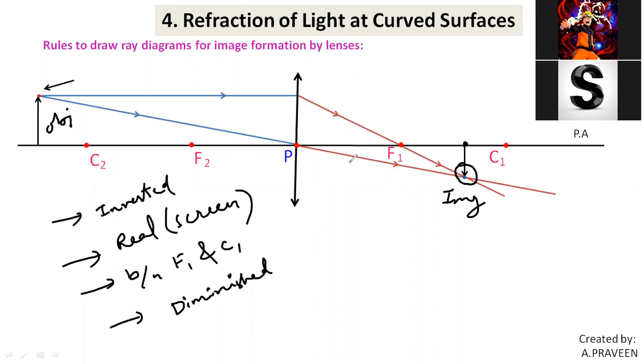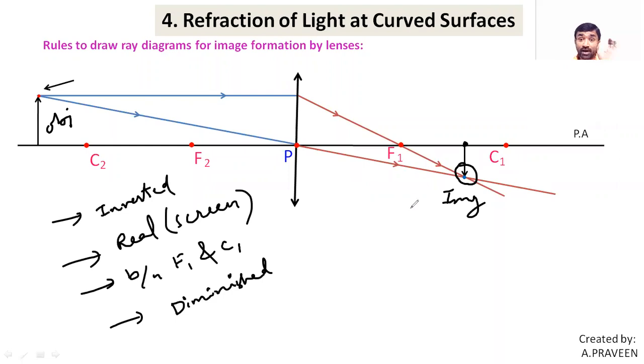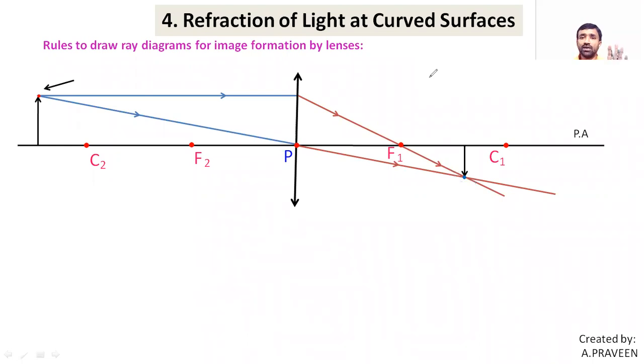Rules to draw the ray diagrams. I will give you my rules now. These are the rules which are given in your textbook, page number 67, right? I will give you my logical rules now. They are similar, but just logical, for understanding the characteristics without memorizing, right?